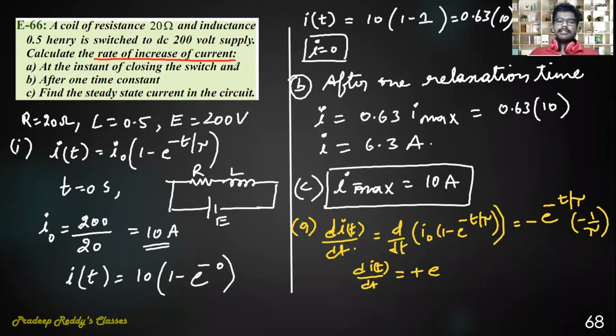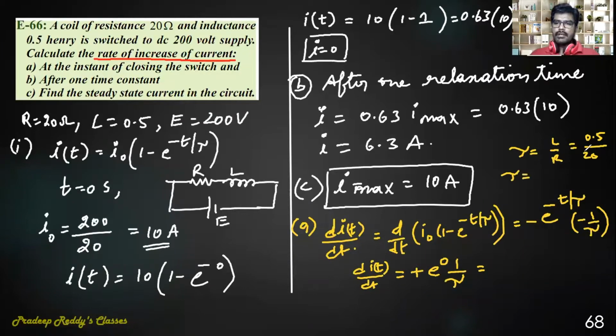When the switch is being closed, you can just write t is 0. So e power 0 is 1, and it is 1 by tau. What is relaxation time? You need to calculate that, we did not find relaxation time. Tau is equal to L divided by R. What is L? 0.5 divided by R is 20.